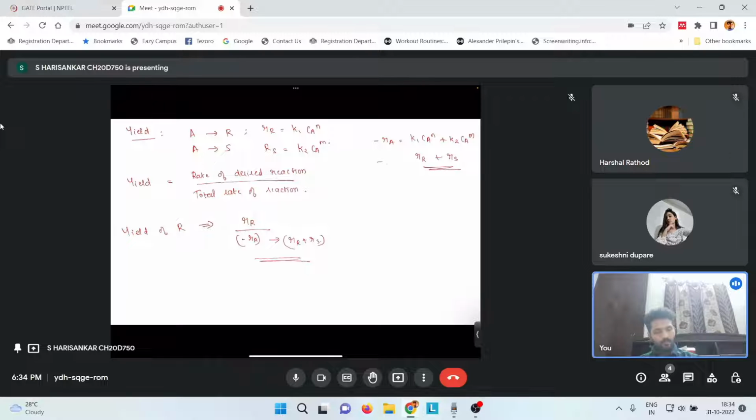So yield of R will be RR by RR plus RS, and yield of S will be RS by RA, and that will be RS by RR plus RS. Okay, so this is the definition of overall yield of a product from a reaction.